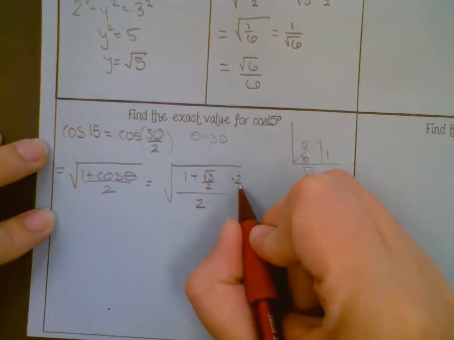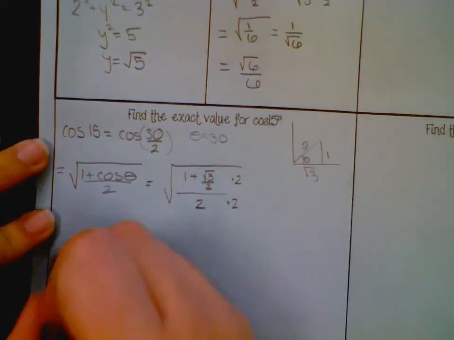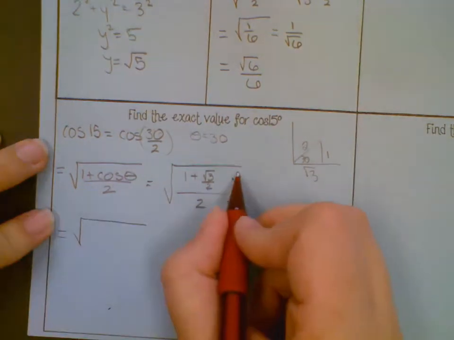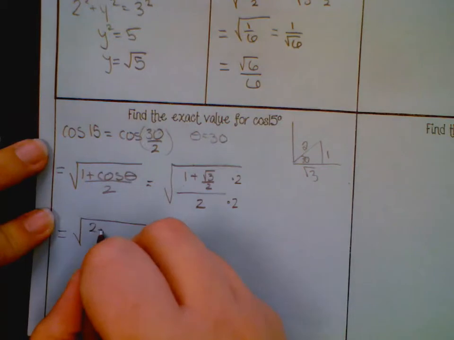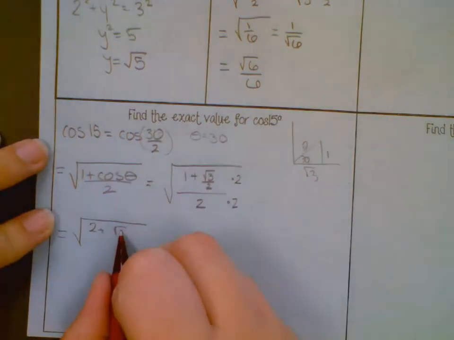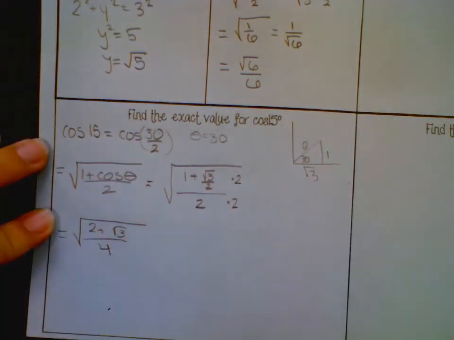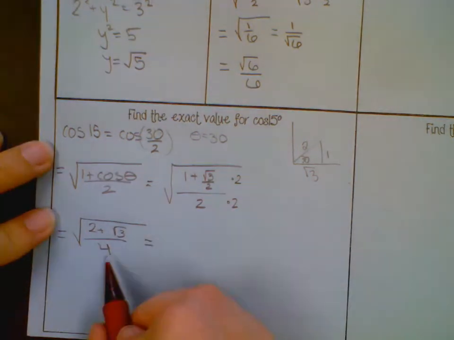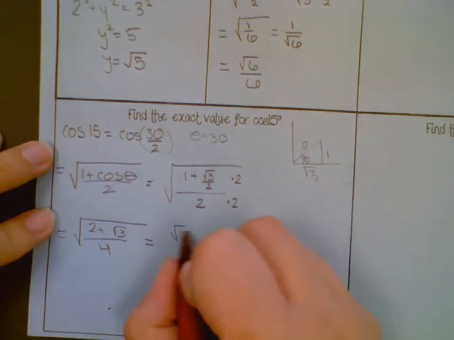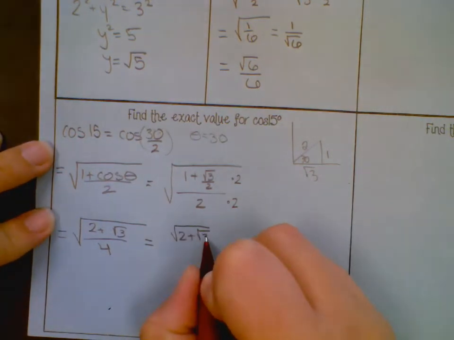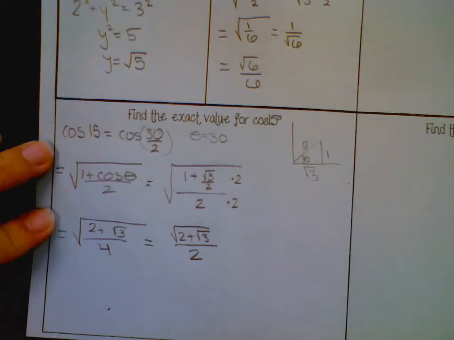So I'm going to times the top and the bottom by 2. So that would give us, distribute 2 plus, cancel the fraction, root 3 over 4. And then taking the square root of the bottom, I would have just a 2 on the bottom. So the top has the square root of 2 plus root 3 over 2. And that is where we're going to leave it.